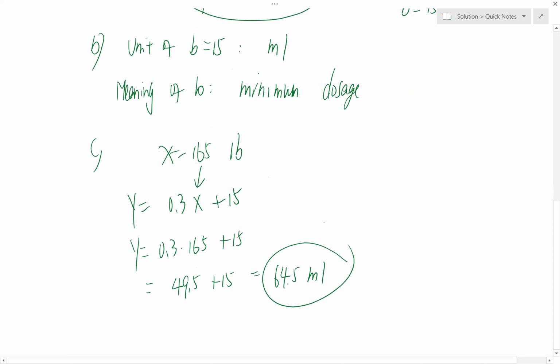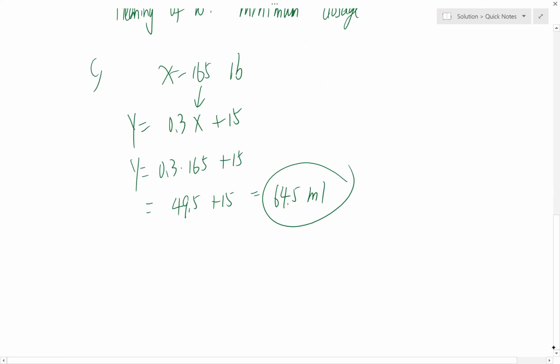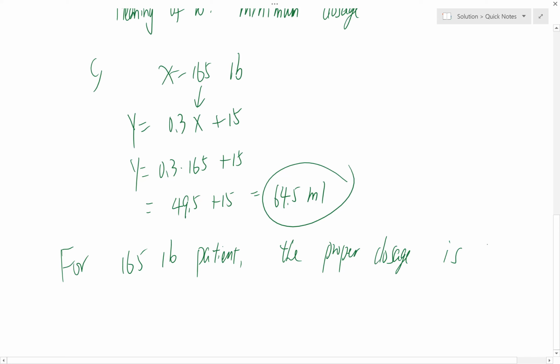So that means for a 165-pound patient, the proper dosage is 64.5 milliliters, to be exact. And this is question 3. Any question on this?